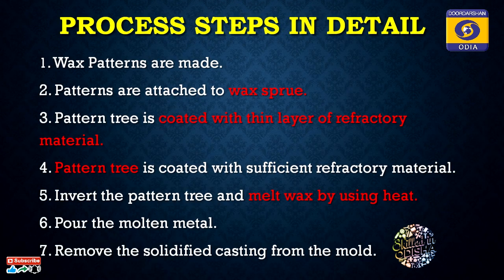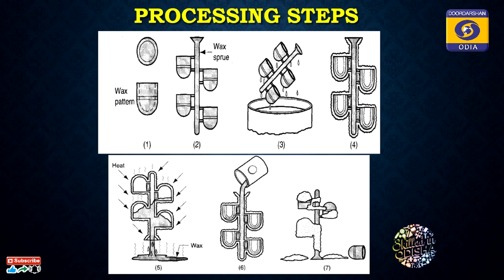The seventh step is remove the solidified casting from the mold. See the seventh figure. After filling the cavity by pouring the molten metal or molten alloy according to our requirement, we have to allow it for cooling and solidification.